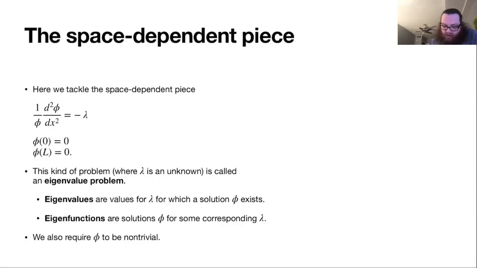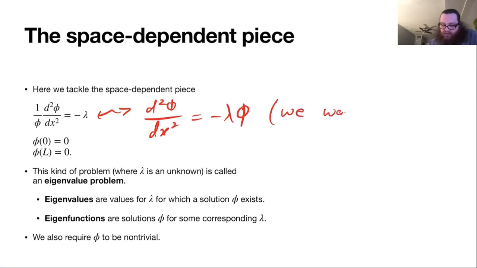Okay, so let's see that written out. Recall the spatial piece looked like this, where we can also write this as d squared phi dx squared is minus lambda phi. And here we want lambda positive, because that gave us physically reasonable solutions in the time piece. And then we also have these boundary conditions.